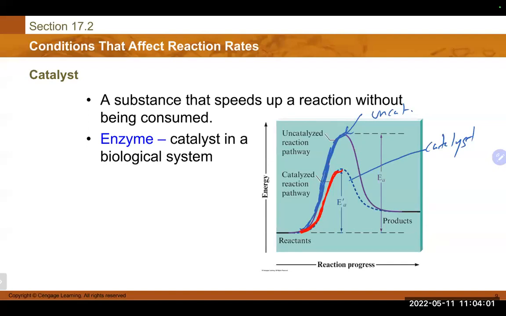And the result of that, again, is that you would see the rate of the reaction increase. Any questions on that there? And again, you can see here the activation energy hill is much smaller than in the uncatalyzed reaction that we see there.